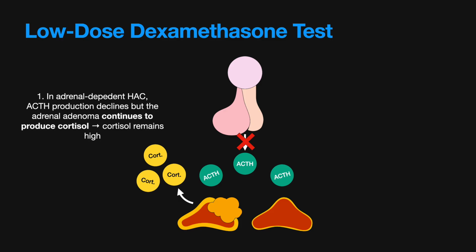For adrenal-dependent hyperadrenocorticism, the adrenal adenoma is going to continue producing cortisol regardless of how much ACTH is produced. So when we introduce dexamethasone, which drops ACTH production, cortisol levels stay consistently high because the adenoma does not actually care about ACTH levels.